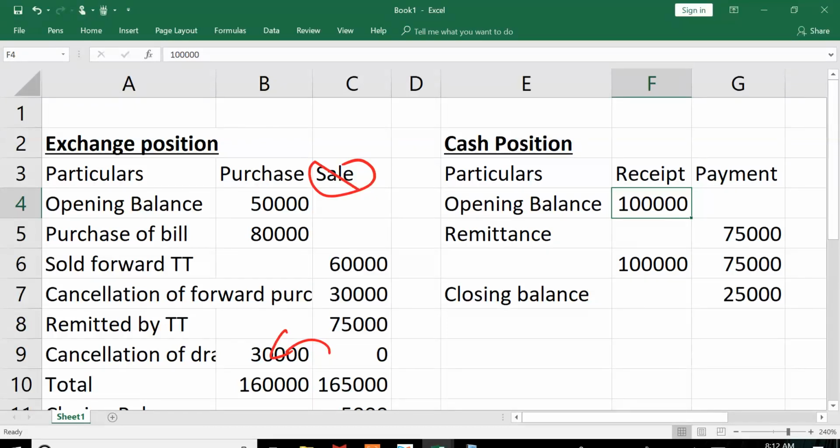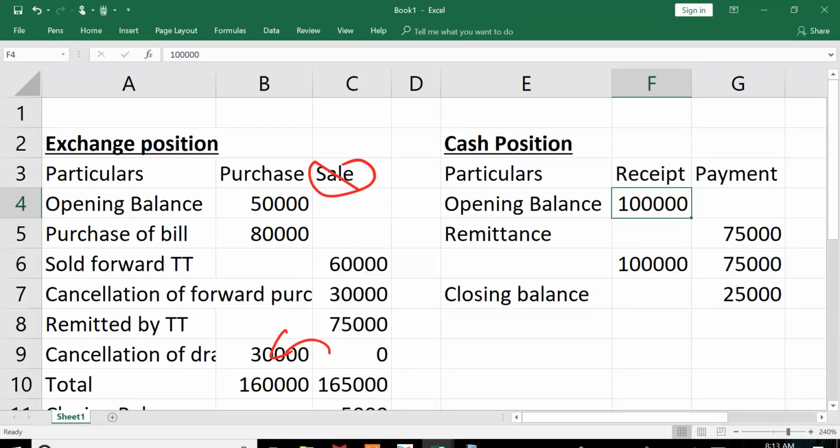Now the moment I call my supplier and say that you have to give me a raw material, it is recorded as a purchase transaction. But the real cash flow or the real raw material receipt happens after some 30 days, after 20 days, after 10 days. So overbought position or your exchange position indicates how much risk you have in hand, because there can be some future payable or future receivable.